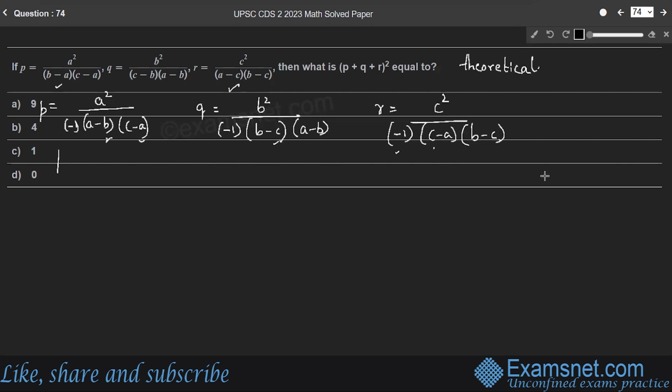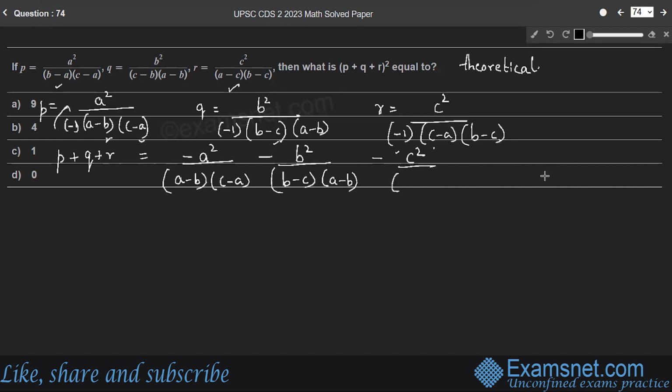So we'll consider p plus q plus r. P is minus a square, so I'm taking this minus to the numerator part: minus a square by a minus b into c minus a, plus q, which becomes minus b square by b minus c into a minus b, plus r, which is c square by c minus a into b minus c.